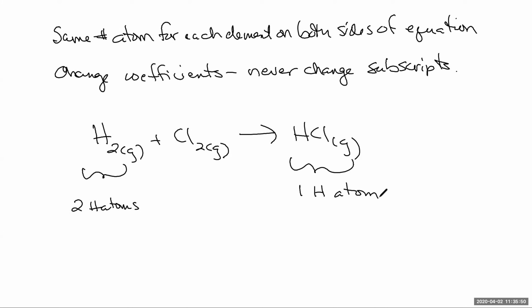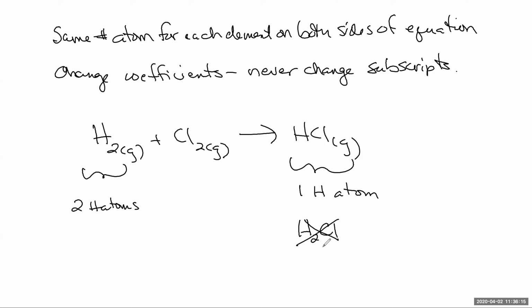And so this equation is not balanced. Now to balance it, I need to get 2 hydrogens on my product side. I can't just change it and make it H2Cl. This is not allowed. This would be changing a subscript. The reason we cannot change a subscript is because the substance is HCl, and if I change the subscript, then I've actually changed the identity, the formula for the product that was stated.